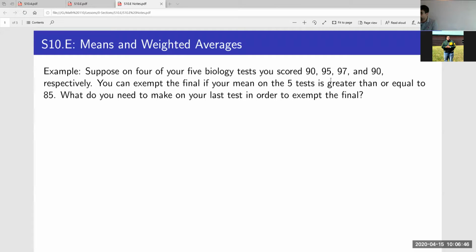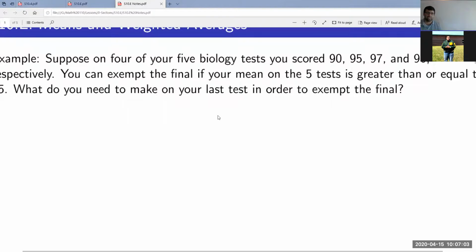So these are just a few things that we have seen and talked about. So with that, we're going to discuss means and what are called weighted averages.